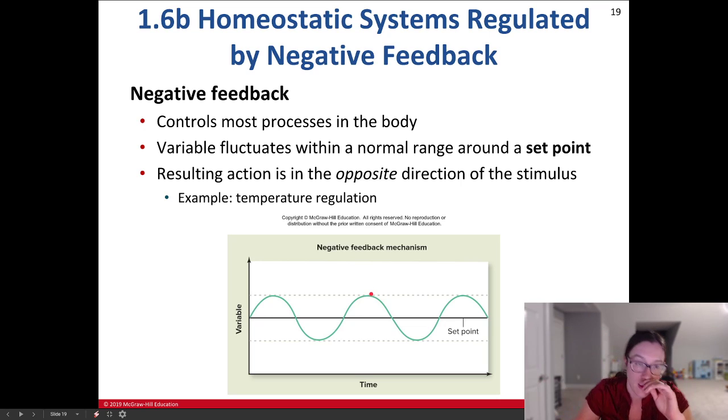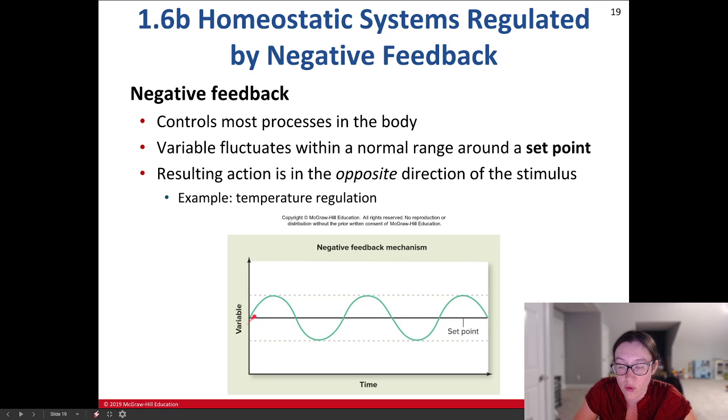So the stimulus and the resulting action are in opposite directions. So if you're too hot, the body tries to cool down. If you're too cold, the body tries to heat up. And so in this case, that's going to always bring our body temperature back to that set point.